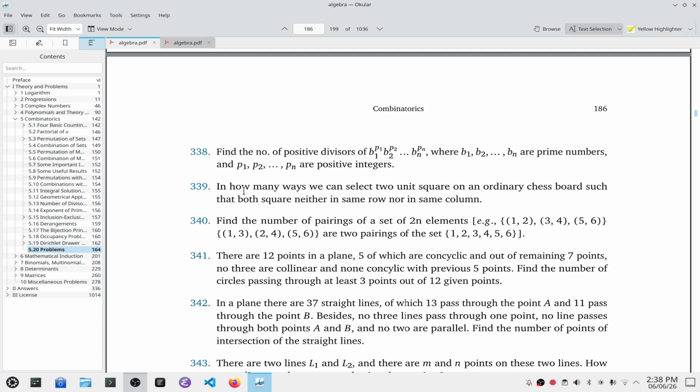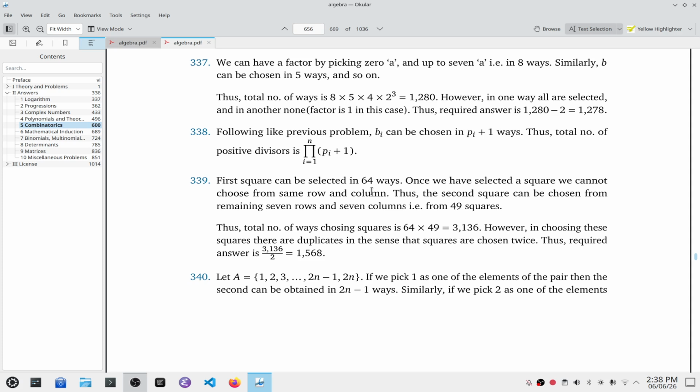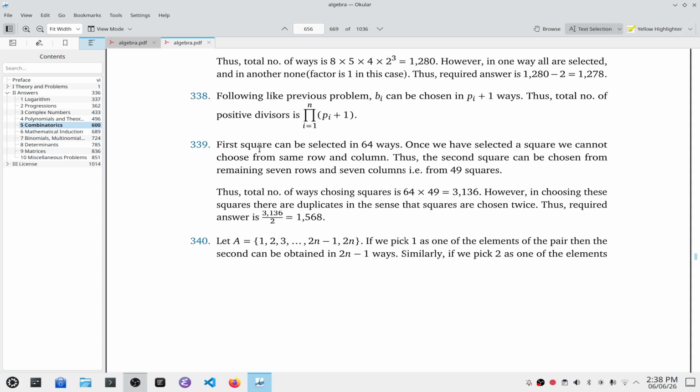Question 339 says that in how many ways we can select two unit squares on an ordinary chessboard such that both squares are neither in the same row nor in the same column. So first square can be selected in 64 ways. Once we have selected a square, we cannot choose from the same row and column.